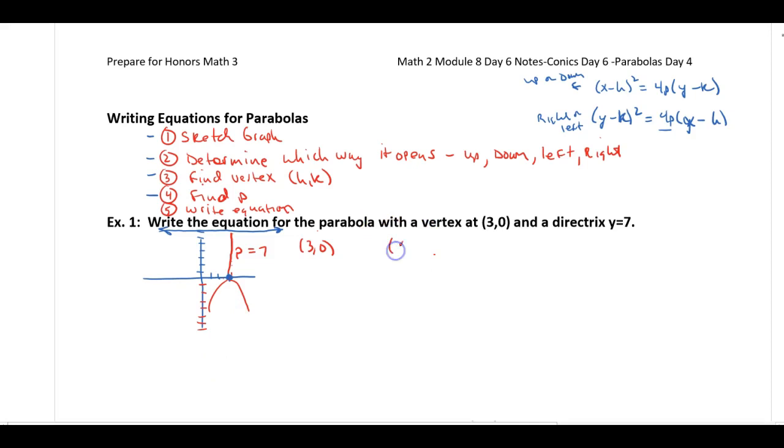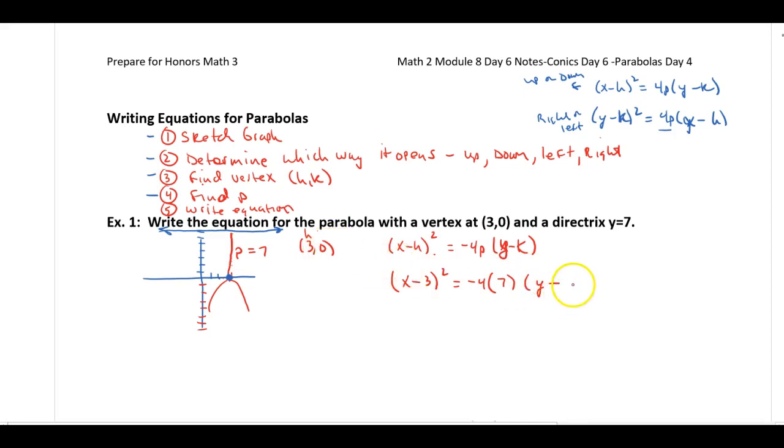if the vertex is here and the directrix is up above there, you know this parabola is opening down. Since it's opening down, you know you're going to use x minus h squared equals negative 4p times y minus k. So right away when I plug my vertex in here, it's going to be x minus, this is my h, so it's 3 all squared equals negative 4 times, what was the value of p? 7 times y minus, what's k?